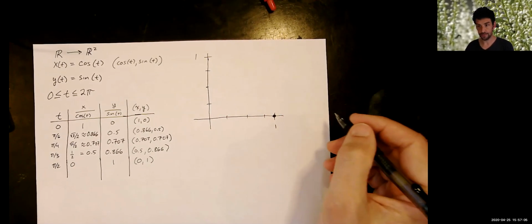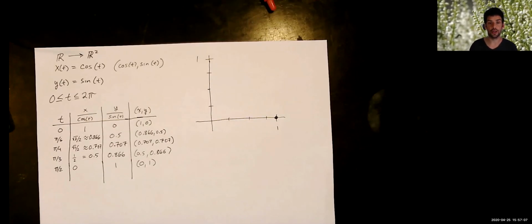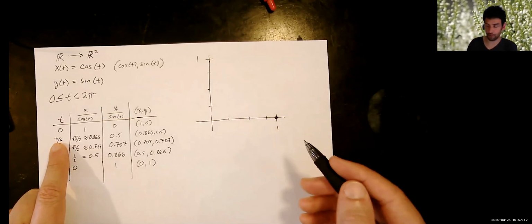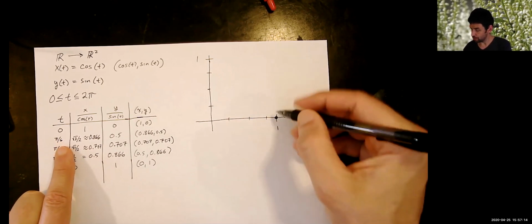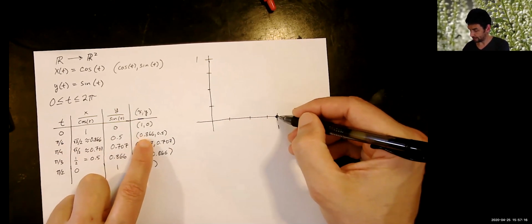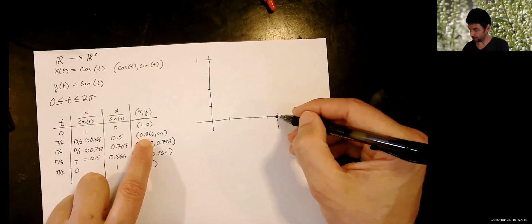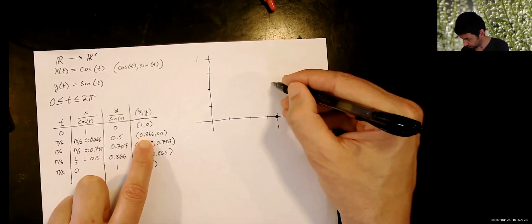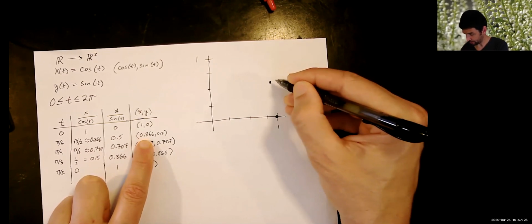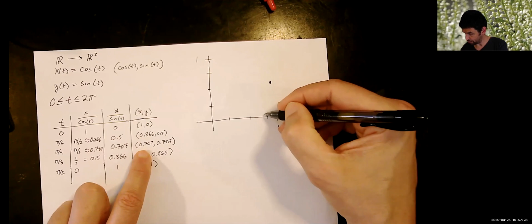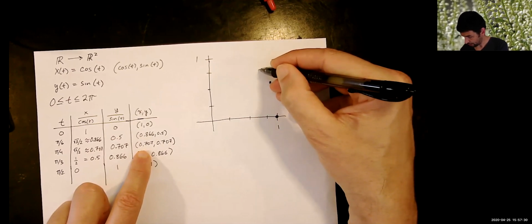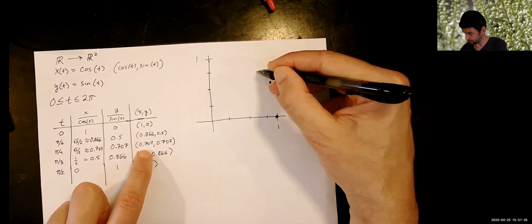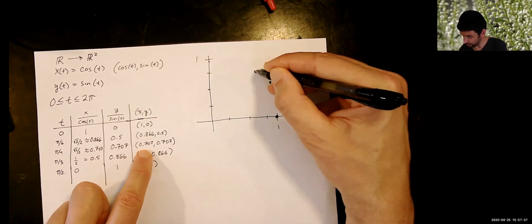We start there, and after pi over 6 seconds have passed, or whatever units of time we're using, we move to the point (0.866, 0.5). So our x coordinate has decreased a little bit, and our y coordinate has increased quite a bit, somewhere about there. Then (0.707, 0.707). Now the y coordinate has continued to rise, the x coordinate has continued to go down, and they're equal in value.